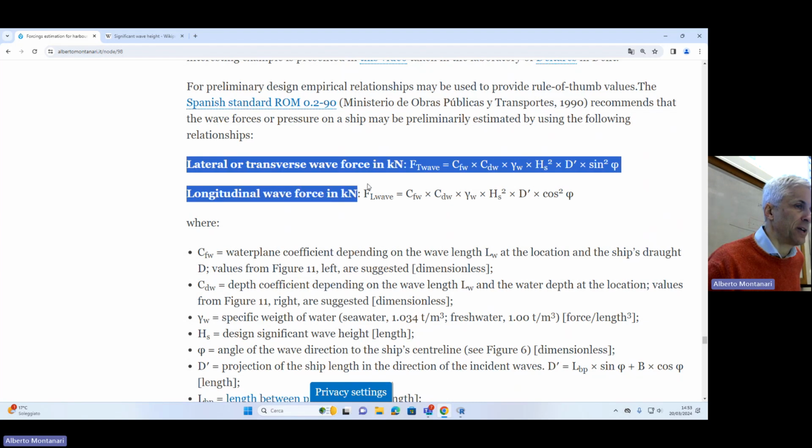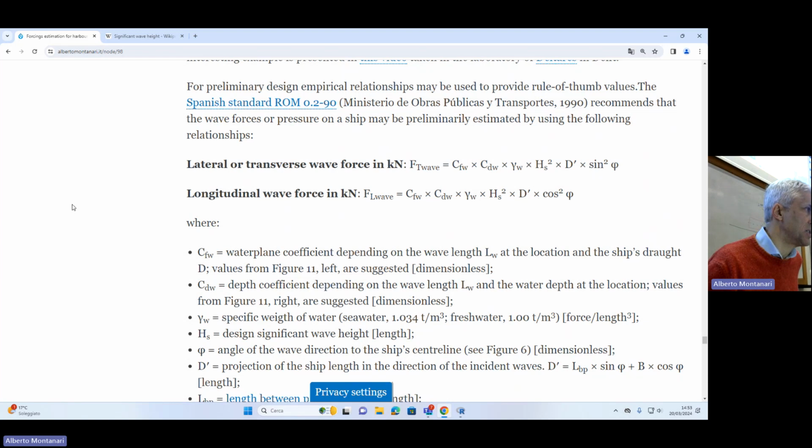If you want to be very prepared, it's just enough that you remember the concept, which is wave forcing is estimated depending on the energy of the wave, which in turn is estimated depending on the significant wave height, and dimensionless coefficients are added in order to take into account the local characteristics of the harbor, and in particular expected wavelength and expected depth.